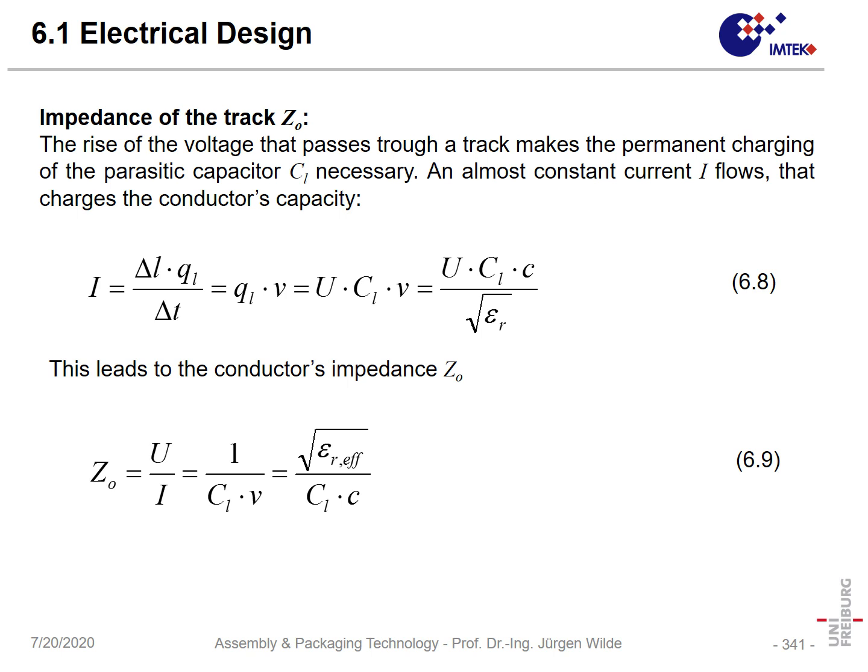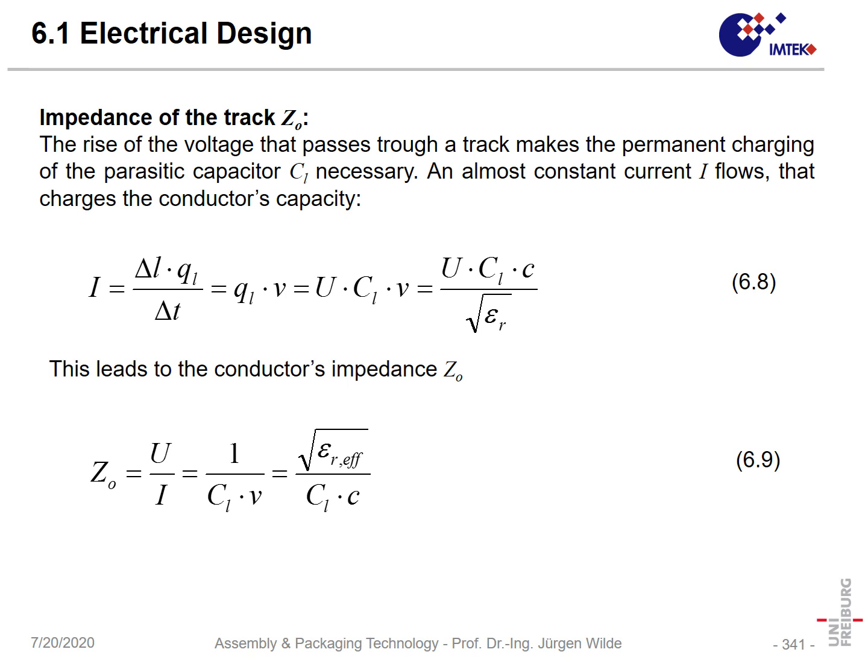And you can say the current you have here for charging a certain length of your material is proportional to the length times the charge you can have per length and the time it takes. So always current is change of charge per time. And so you could say that's just the charge per length times the speed you have here.